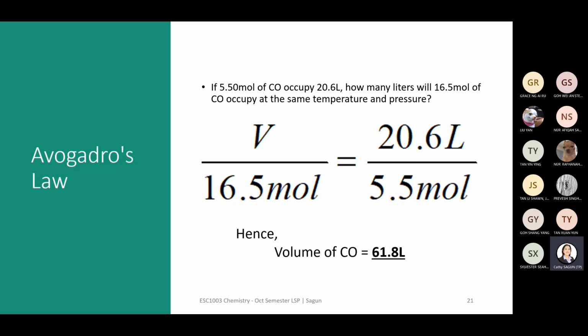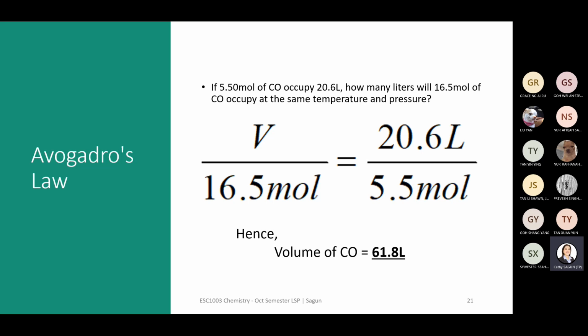Okay, so as I told you, if you remember the formula, it will be easy, right? And I also told you, whatever the question gives you, these are just there to make it sound complex, but it's really easy. So if 5.5 mole of carbon monoxide occupy 20.6, how many liters will 16.5 of carbon monoxide occupy at the same temperature and pressure?